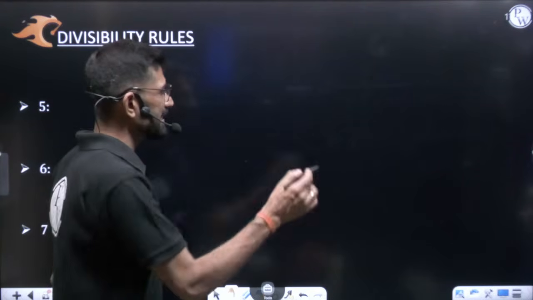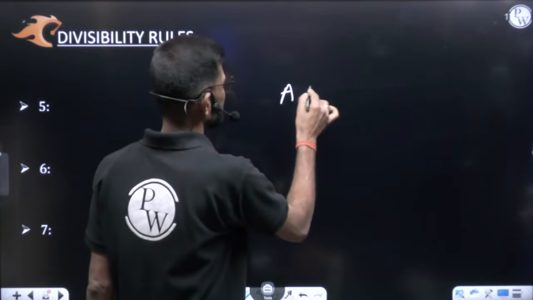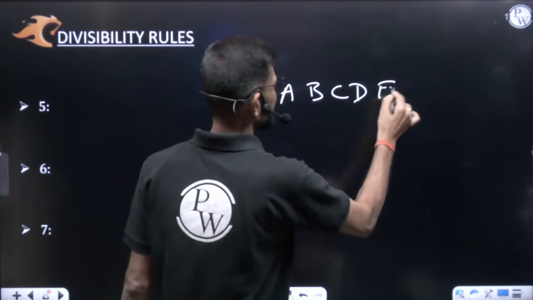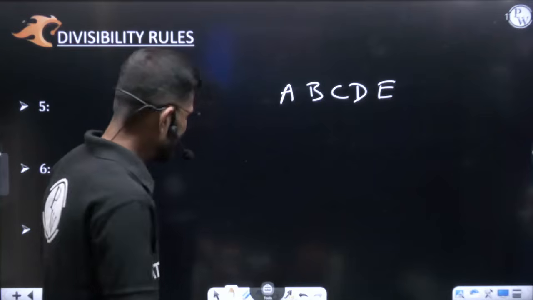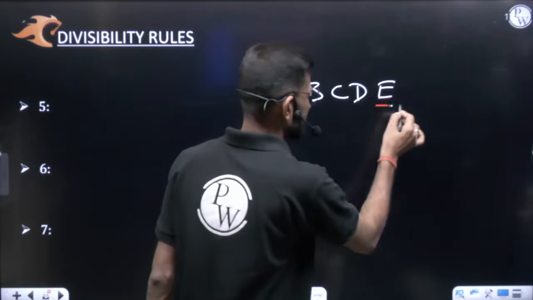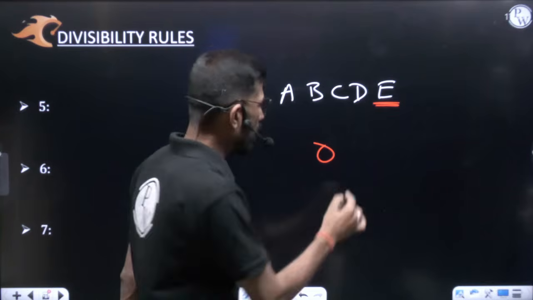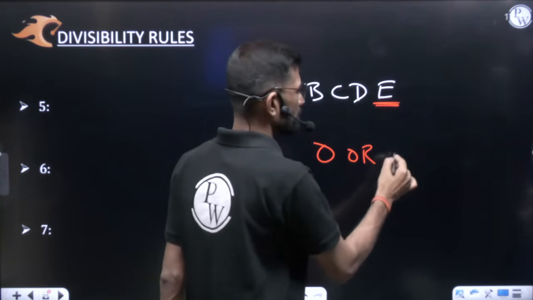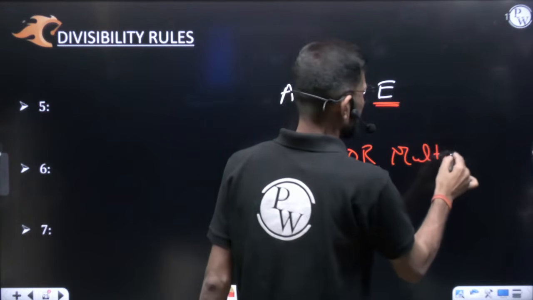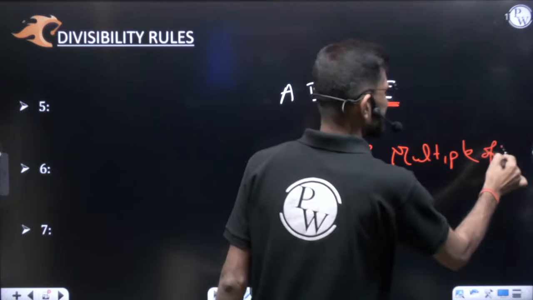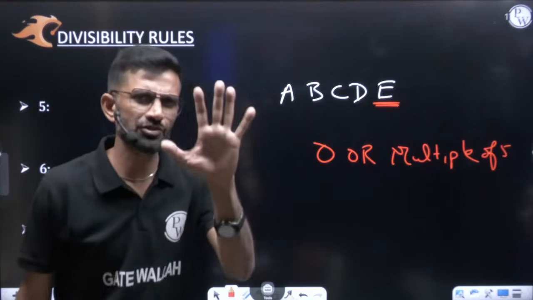What I am saying, any given number like A, B, C, D, E. This is the number. Any given number, the last digit of the given number should be 0, or the last digit should be a multiple of 5. Now I know very well that in a single digit the only multiple of 5 is 5.